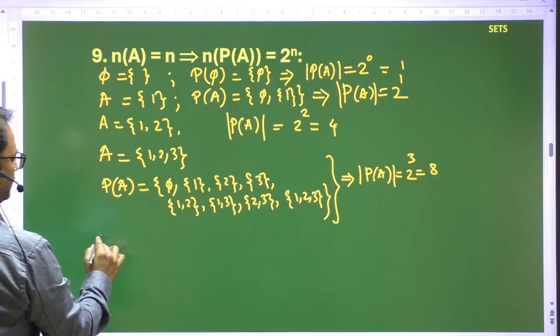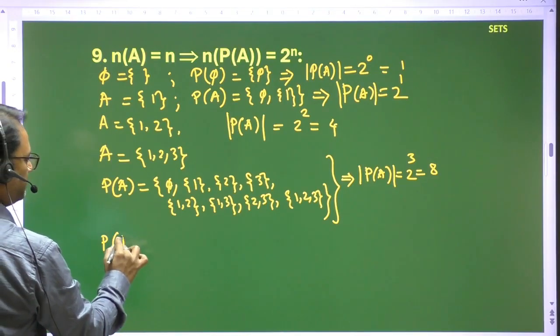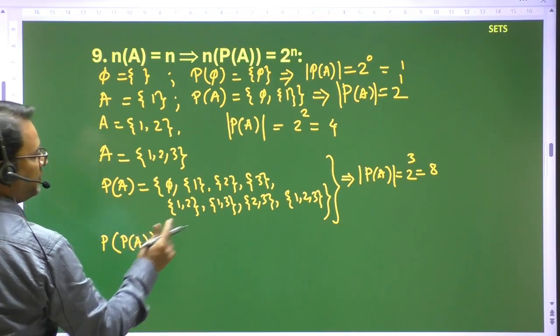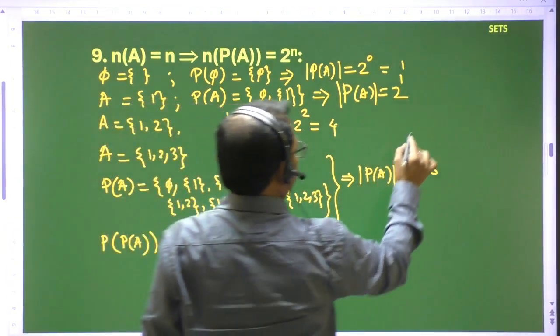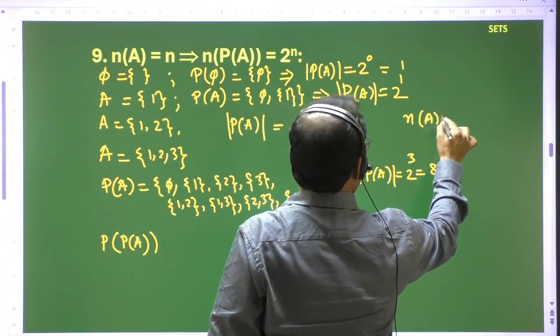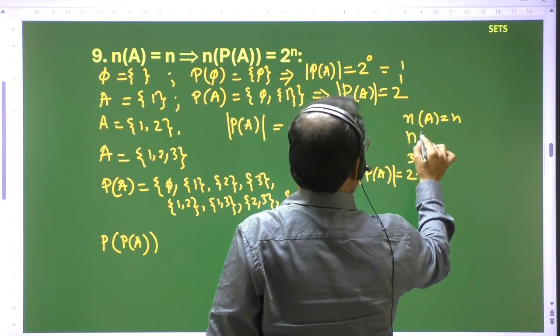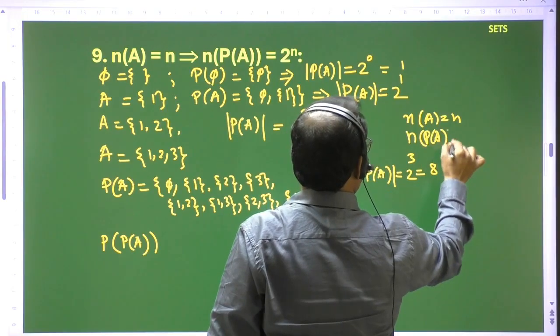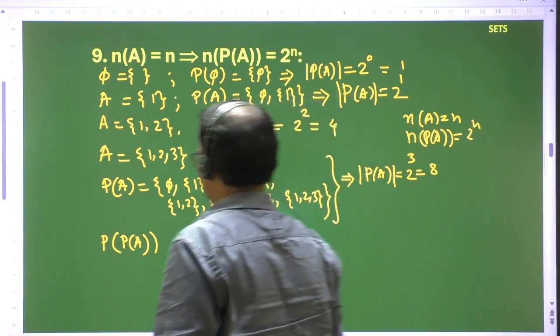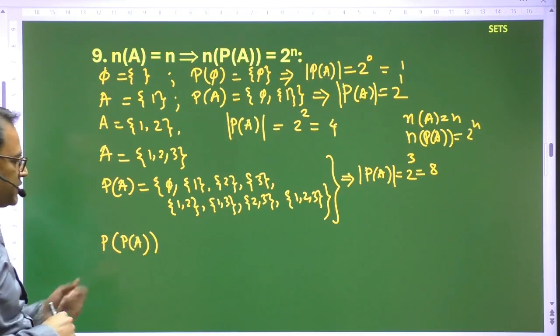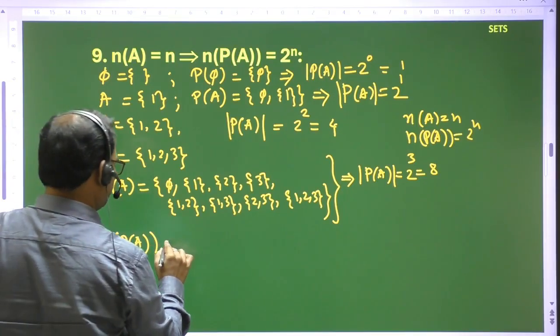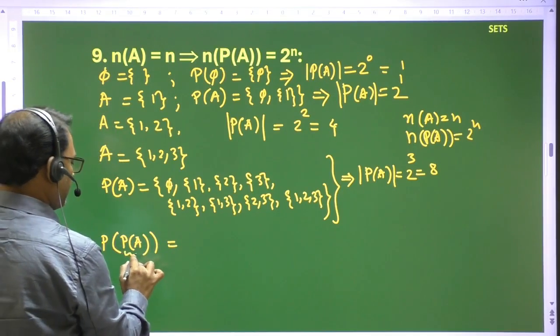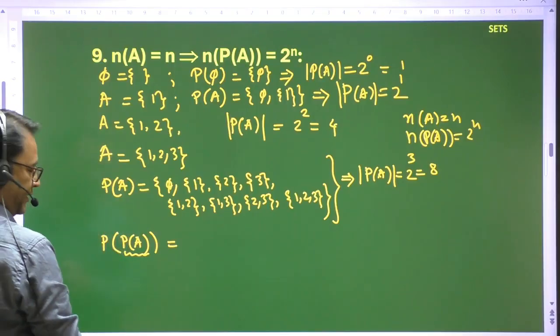what will happen if we consider the power set of A? From here we have a clear picture that if n of A is n, then n of the power set of A should be 2 to the power n. Now if we count the power set of A, it has 2 to the power n elements.